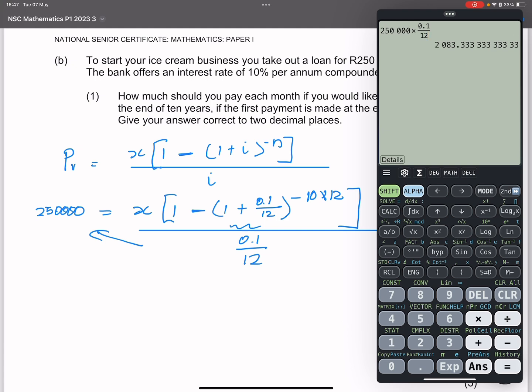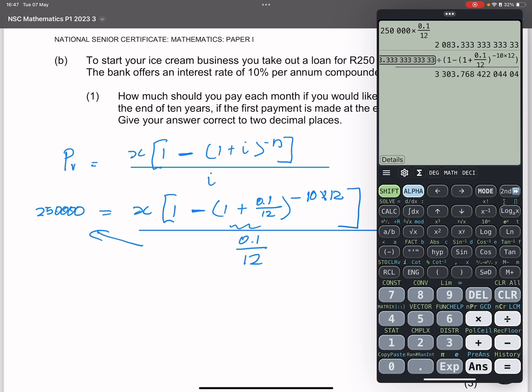And once I get that answer, I'm going to divide it by the entire thing inside the bracket, which is 1 minus, open another bracket, 1 plus the interest rate 0.1 over 12, raised to the minus 10 times 12, and close that bracket.